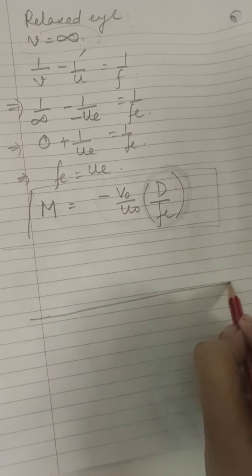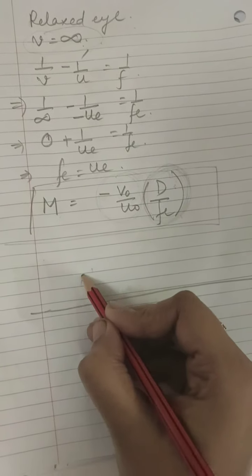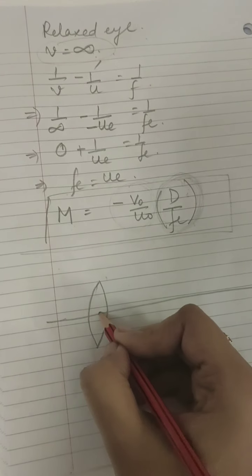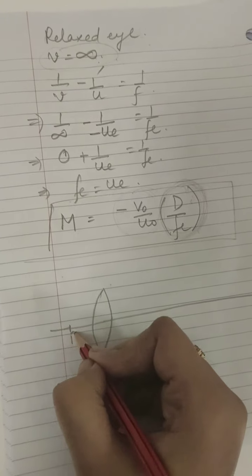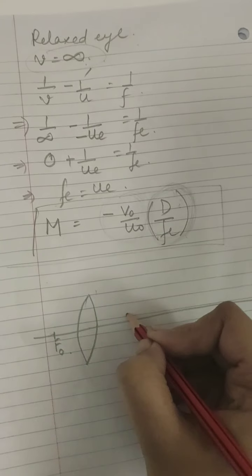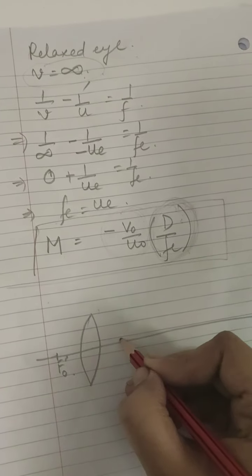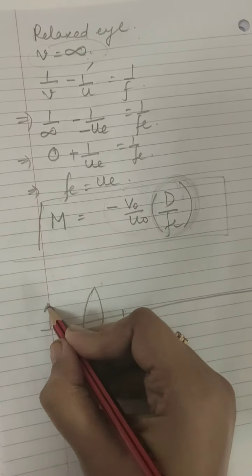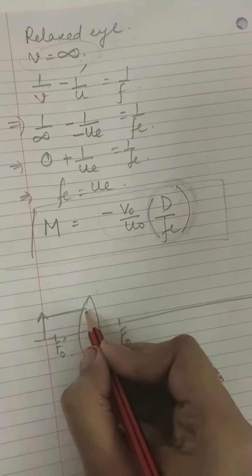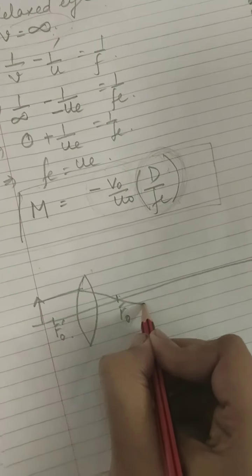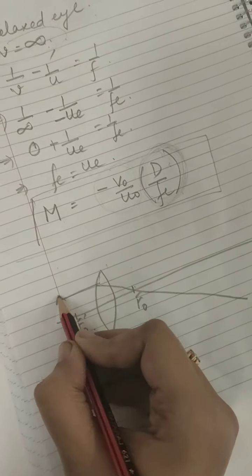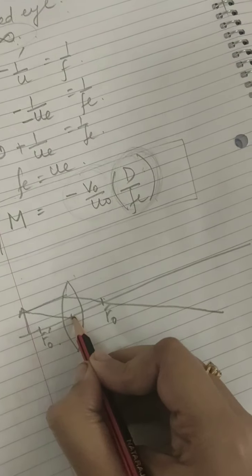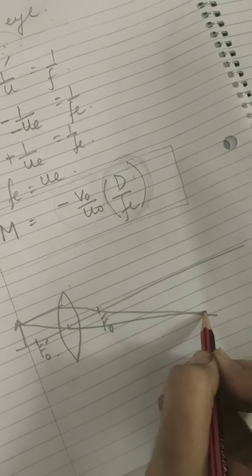Now, for this relaxed eye, when the final image is formed at infinity, let us draw the diagram again. This is the objective lens. This is the first focus, FO prime. This is the second focus, FO. And the object is kept here. Now this will pass through, and here this will pass like this, and should meet somewhere.